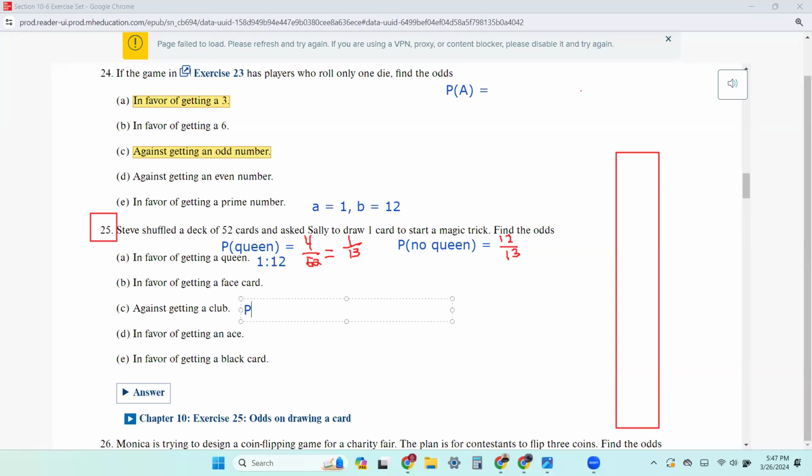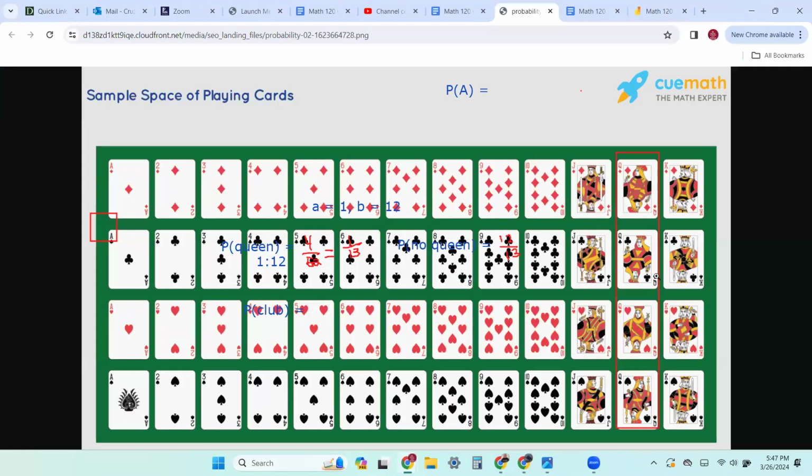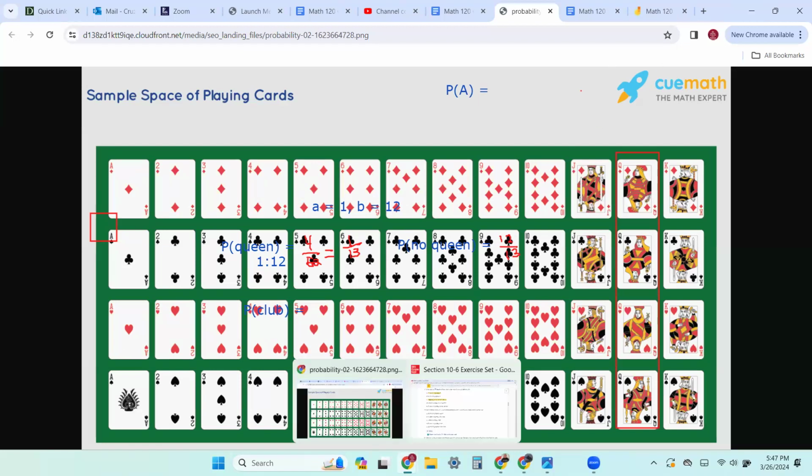What's the probability of a club? There's 13 clubs over 52.